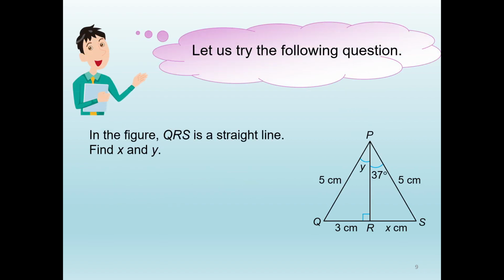So, how about other angles besides the base angle? For example, in this question, in the figure, QRS is a straight line. Can you find the value of x and y for me?